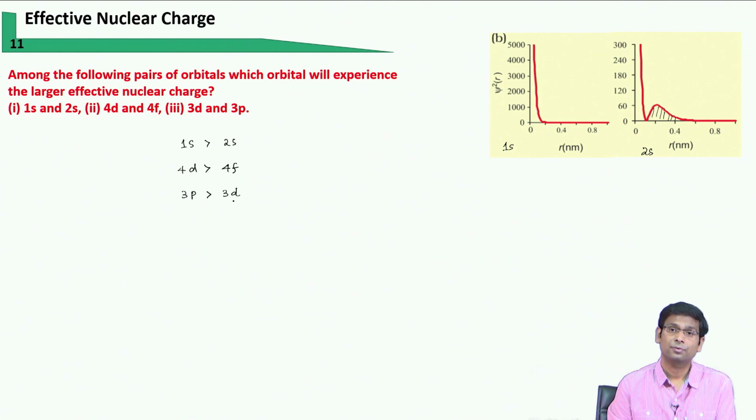Of course, in this case we kept the nuclear charge the same and compared different orbitals. But suppose I say aluminum and silicon, both have valence electrons in 3p. Which electron will experience more nuclear charge, in aluminum or in silicon? In that case, you have to pay attention to the number of positive charges in the aluminum and silicon nuclei.